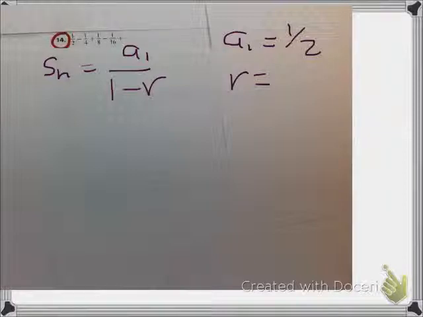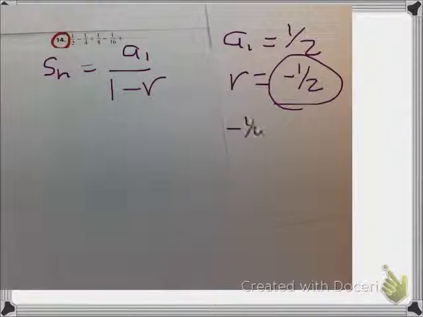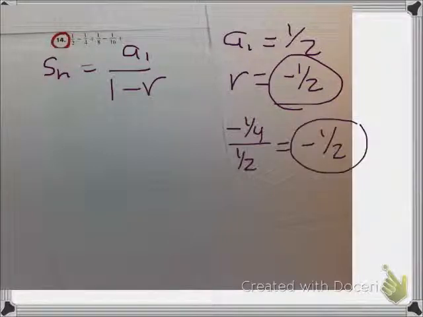Negative 1/2. This is your r, this is your ratio. If you can't figure it out just by looking, do negative 1/4 divided by 1/2. That would give you negative 1/2. And if you do 1/8 divided by negative 1/4, it will still give you negative 1/2.